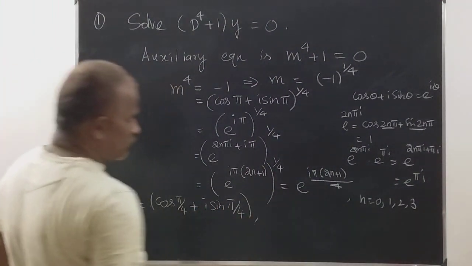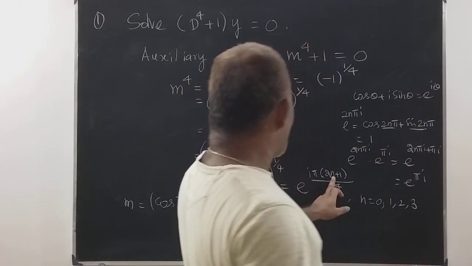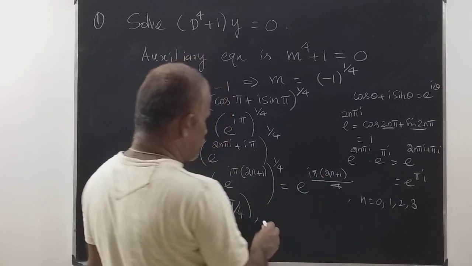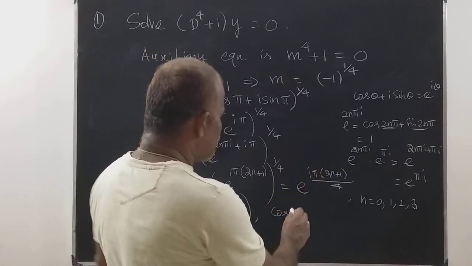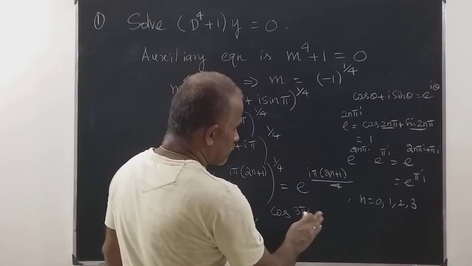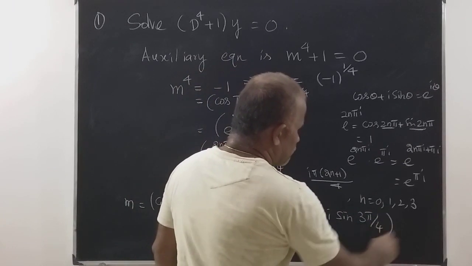This is one root. Another root, if n = 1, is 3 pi by 4: cos 3 pi/4 + i sin 3 pi/4. This is another root.